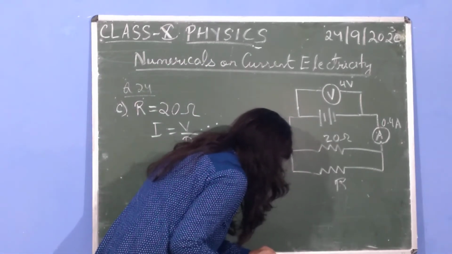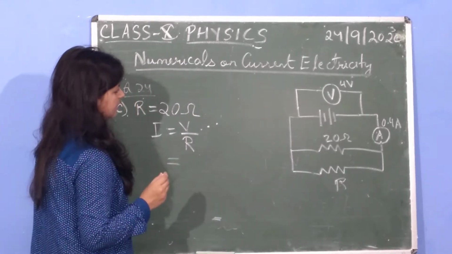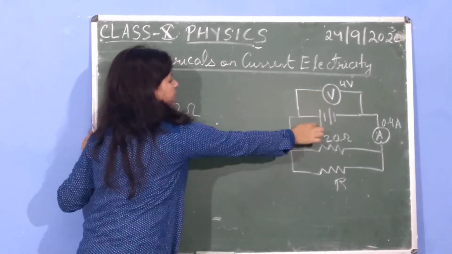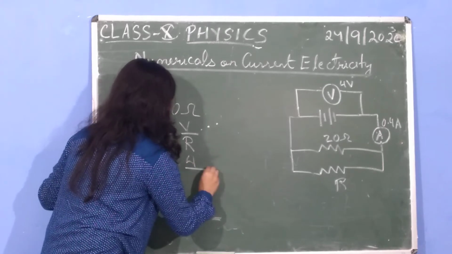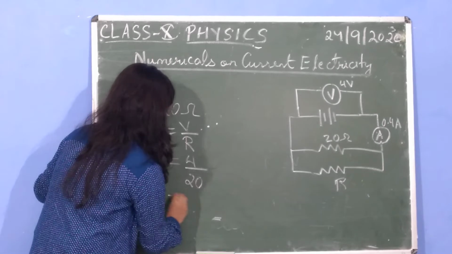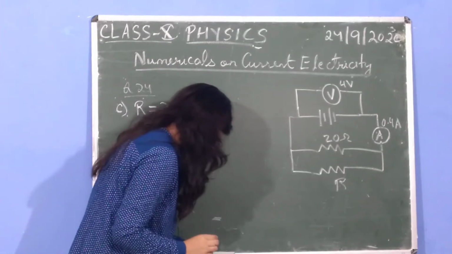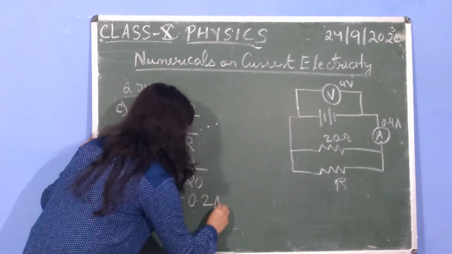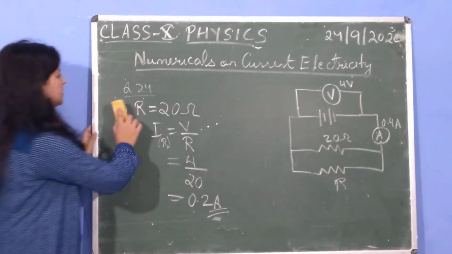V is the potential difference from the cell, because it is shown by the voltmeter, so they have the same potential difference: 4 divided by R, here 20. So the current flowing through this R is 4 by 20, that is 0.2 ampere.